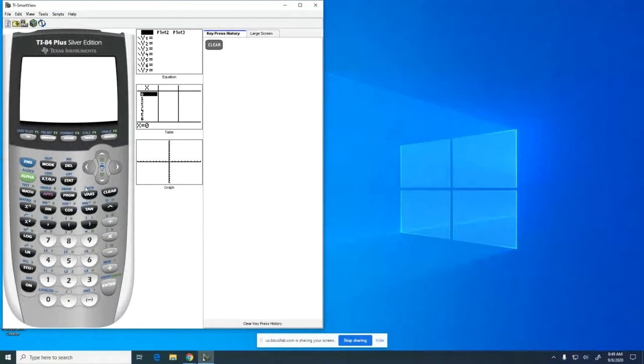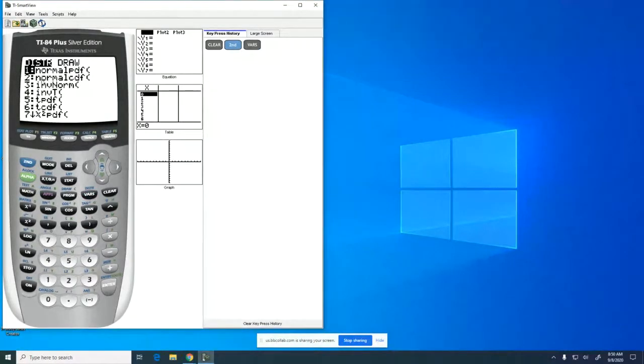When you go to the distribution, yeah, you have to go to the distribution. If you have a TI-Nspire, then please click the menu, then Probability, number 5, and there is a distribution. But if you have a TI-84, then you can go to the distribution, the blue letters, second distribution.